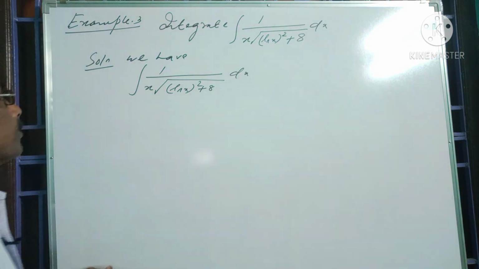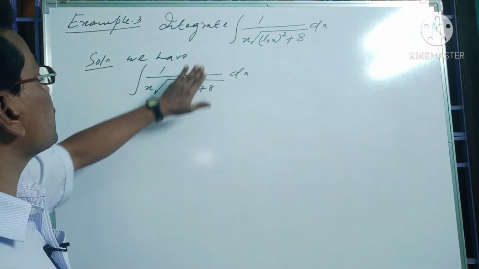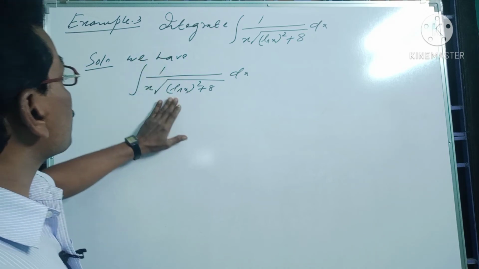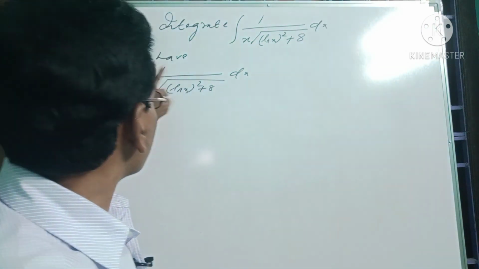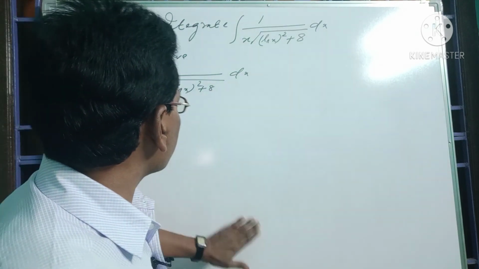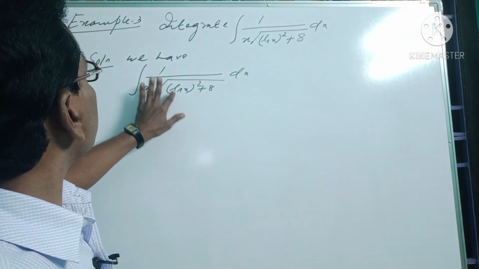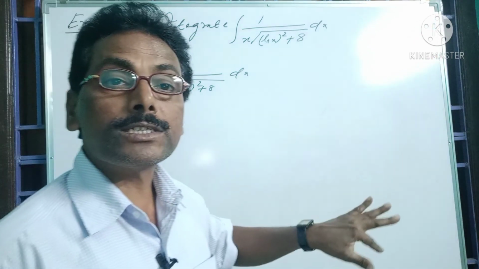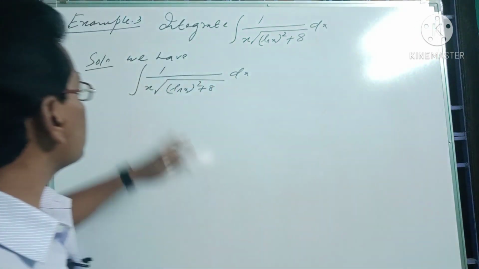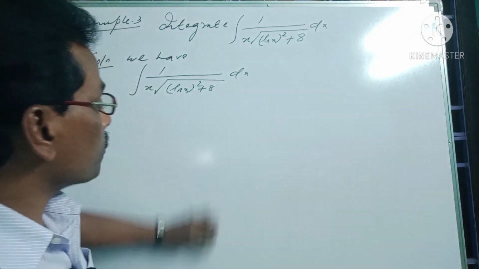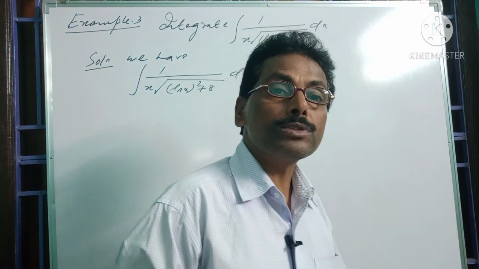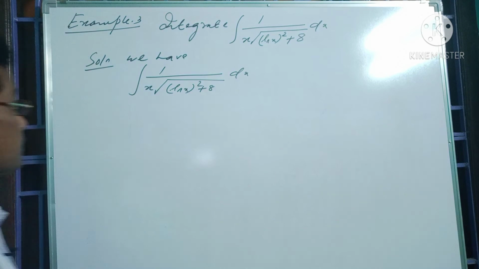Here the integrand is in rational form, where the denominator contains a logarithm function in polynomial form and it is in irrational form. If you carefully observe the integrand, the derivative of ln x is 1 by x, and the integrand contains the factor 1 by x. So before integration we have to substitute ln x as v, so that the integration will be much easier for us.